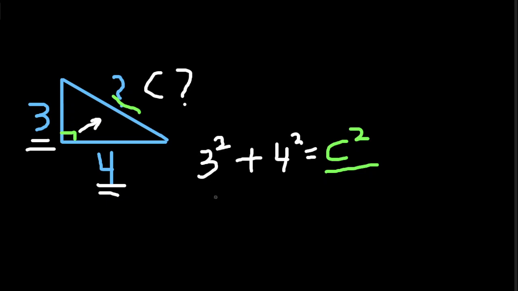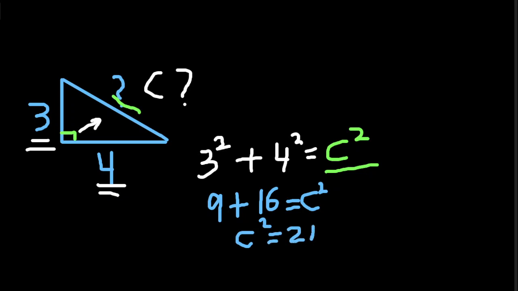Alright, so let's go ahead and square these. 9 plus 16 equals C squared. So C squared is equal to 25, which tells us, if we square root both sides, C equals plus or minus 5.